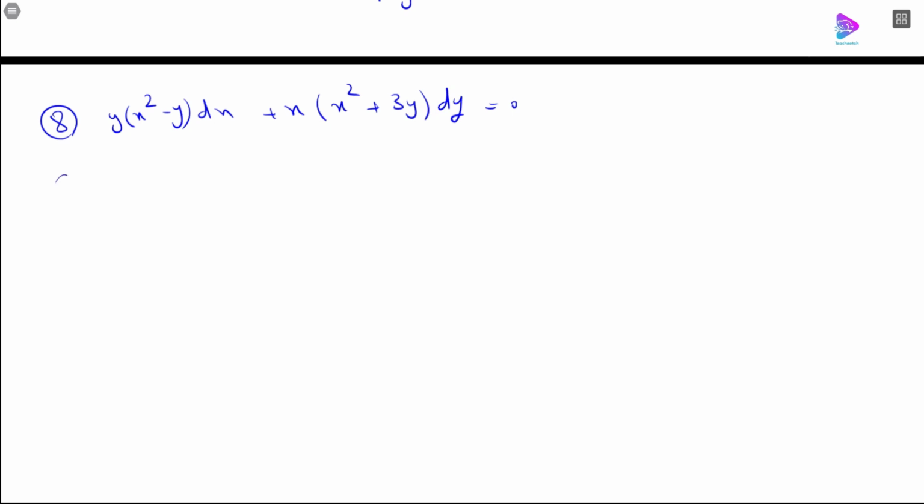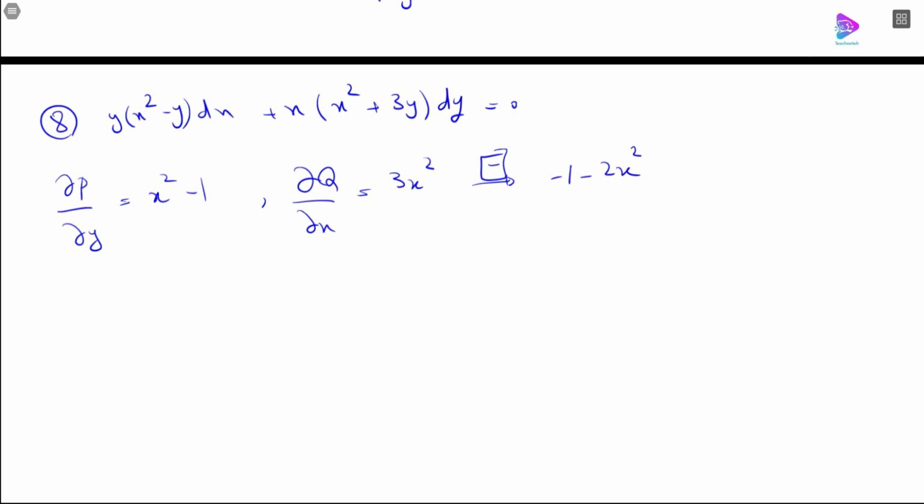If we go as our regular, dp over dy is equal to x squared minus 1 and dq over dx is equal to 3x squared, therefore the difference is minus 1 minus 2x squared, but neither if we divide by p or q will we end up with a function of x or y, so we cannot use this integrating factor.